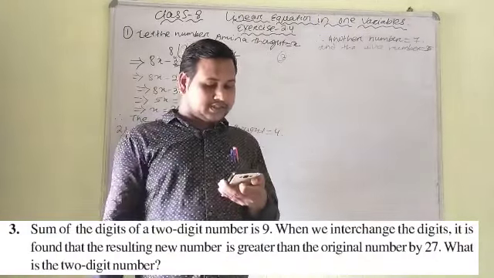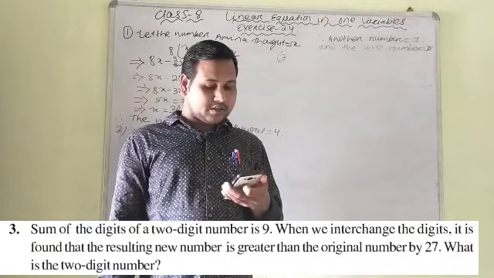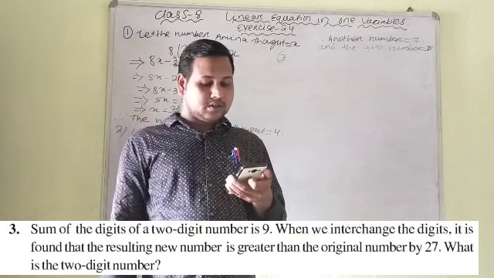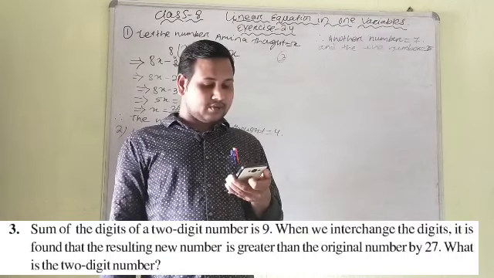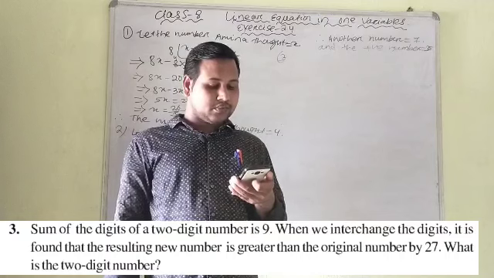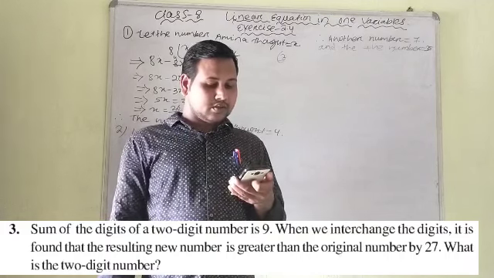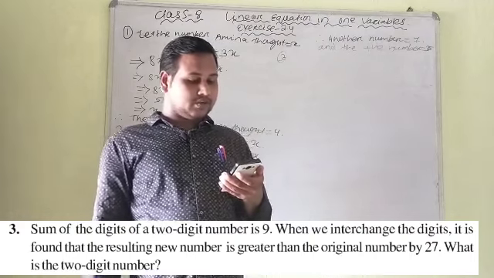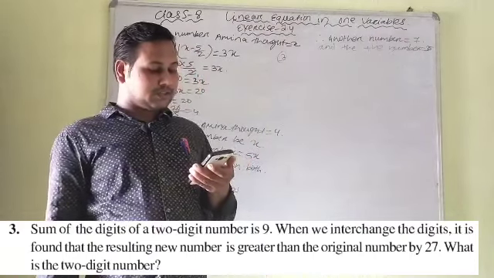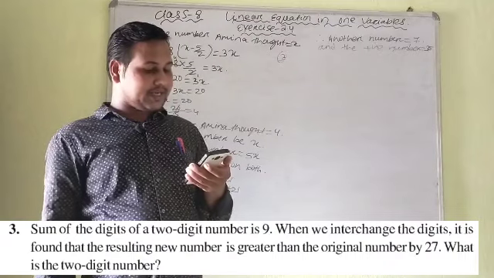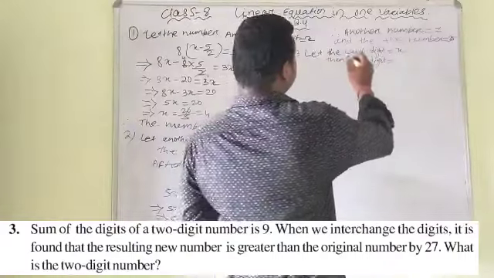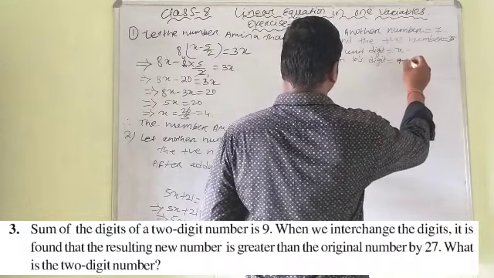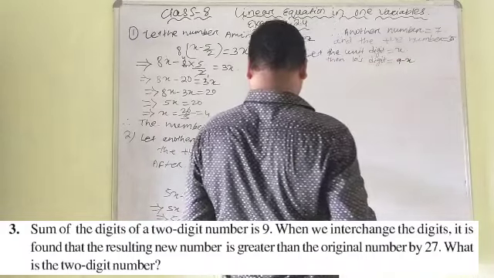Sum of the digits of a 2-digit number is 9. When we interchange the digits, it is found that the resulting new number is greater than the original number by 27. What is the 2-digit number? Okay, we will write, let the unit digit be equal to x, the tens digit is 9 minus x.